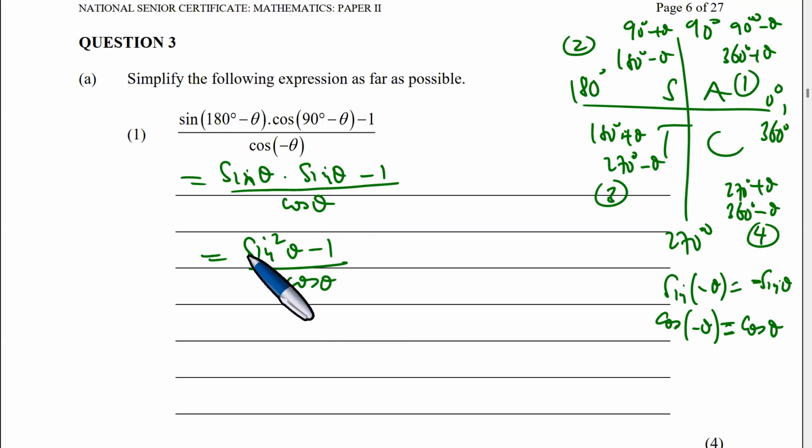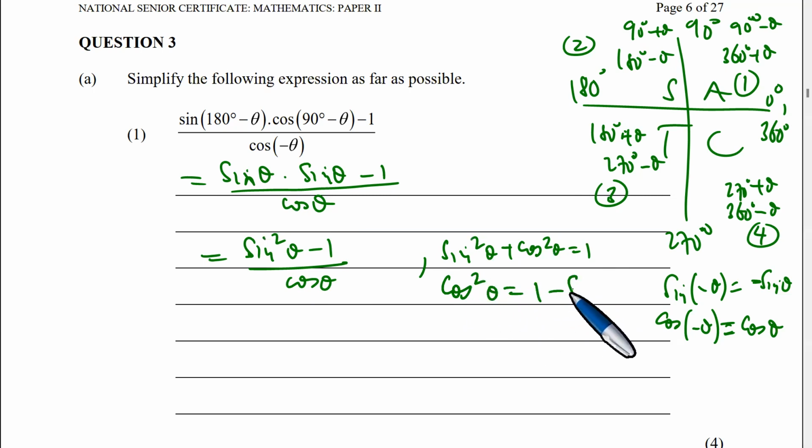What is sine squared theta minus 1? Can it be simplified? Cos squared theta. It's a small little trick, because sine squared theta plus cosine squared theta is 1, so cosine squared theta is 1 minus sine squared.